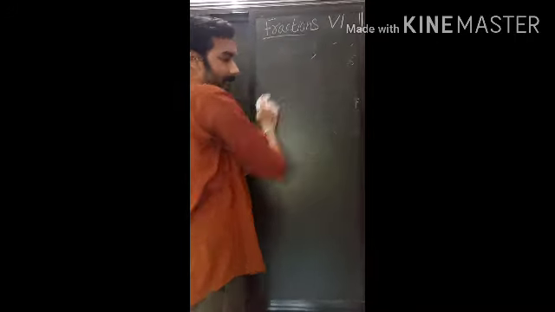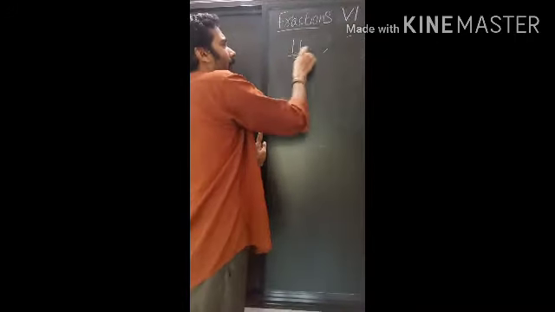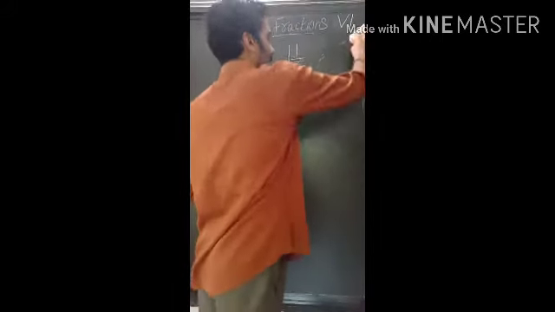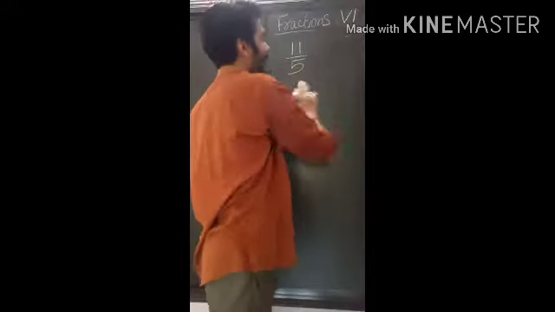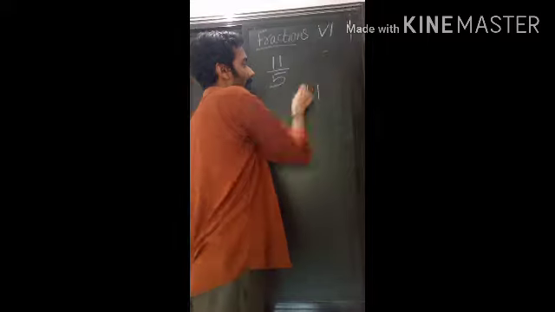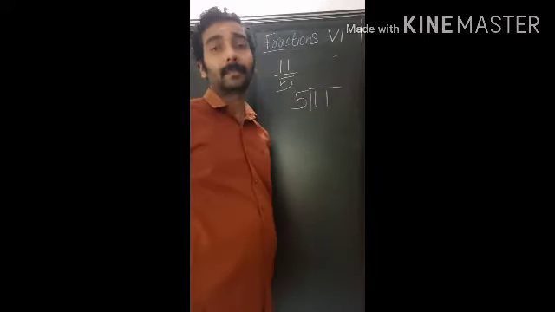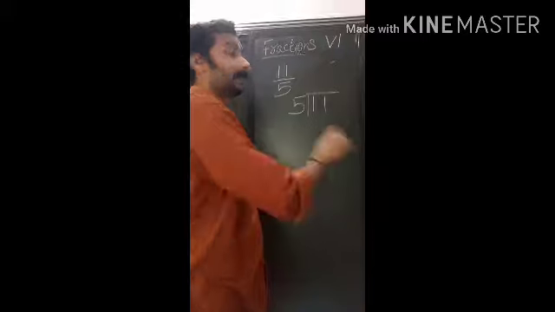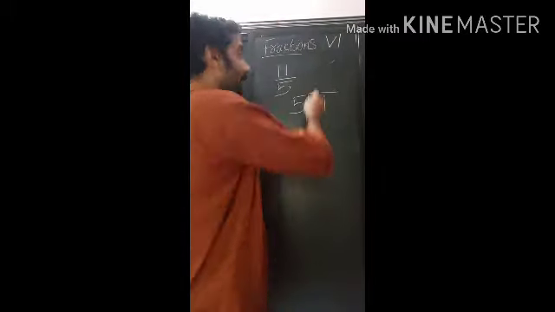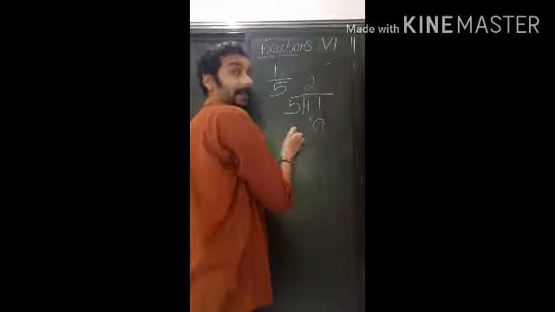Another one is 11 upon 5. We convert it into a mixed fraction. How many times? 5 into 2 is 10.